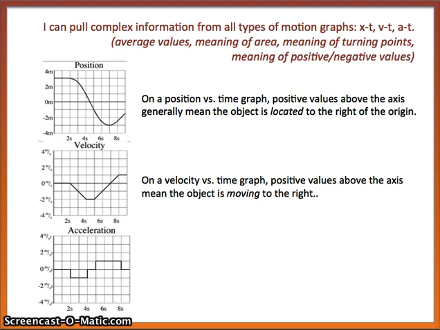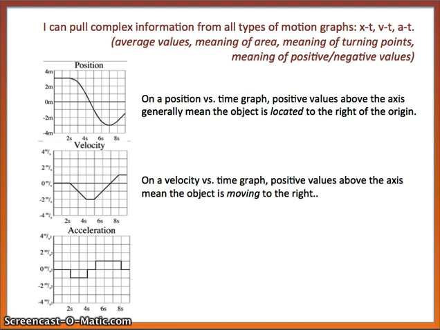So positive values of velocity mean the object is moving in the positive direction, say to the right. Like this object here, we can see from the top graph that it starts at 4 meters, moves backwards to 0, goes all the way to -3, and then comes back again. You can see that at the 7-second point, the direction of its motion changes.